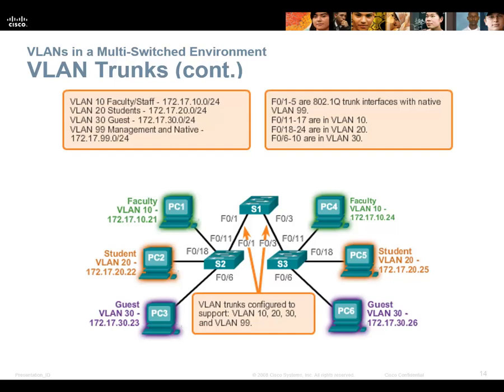They want you to note that the connections between FO11 and FO1, and then FO3 and FO11, from switch 2 to 1 and switch 3 to 1, are going to have to be trunk ports. If they're not configured as trunk ports, the data is not going to be able to get from these computers over to these other computers. So the trunk ports allow that to happen.